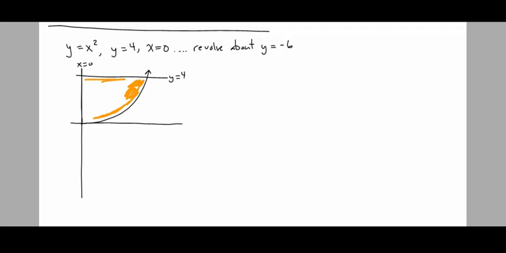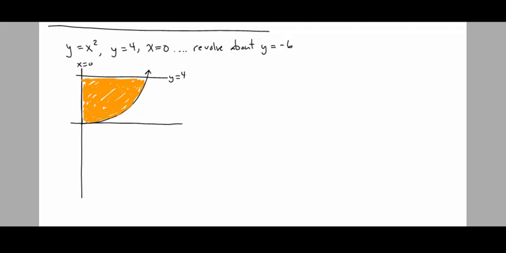Usually I'm using an axis, either the x or the y-axis, but in this particular case I'm using an entirely different line. We have to be really careful about this type of problem, because I'm going to have an upper and a lower, a right and a left endpoint that we have to keep track of. What's even trickier is that we skip across from the positive region into the negative region.